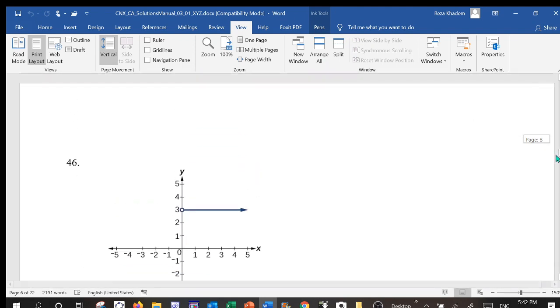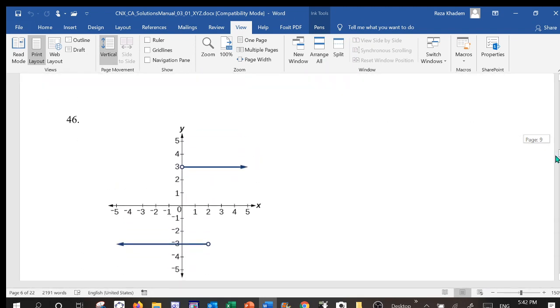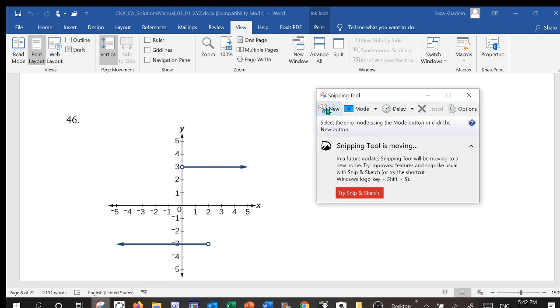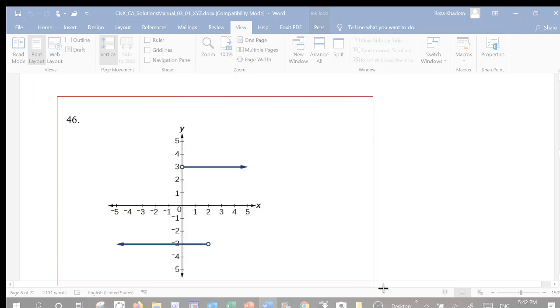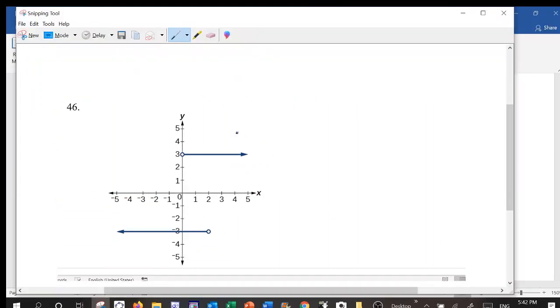What about this one? Is this a function? Well, this one is a little, well, it's not harder, it's just a little trickier. Because if you do a vertical line here, does it cross at 2 points? No, because this point is what? This point is hollow, it's not filled.